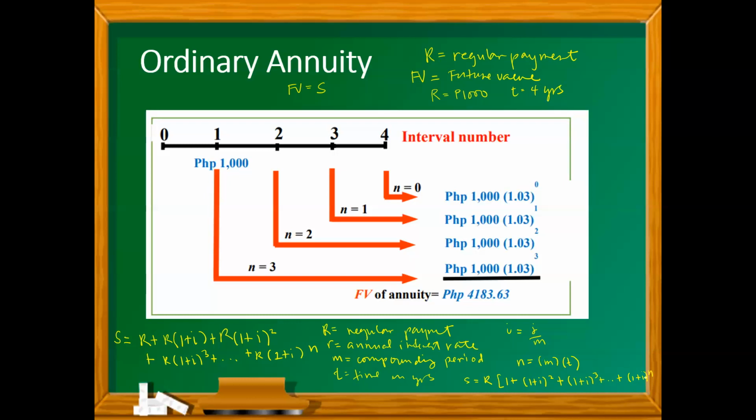And this seems familiar to you, since the bracket contains a geometric series of n terms with common ratio of 1 plus i.